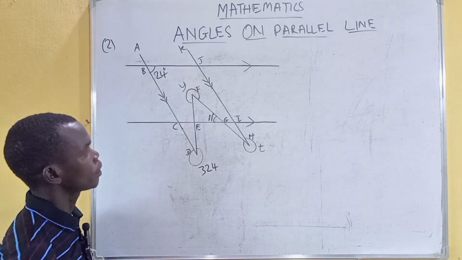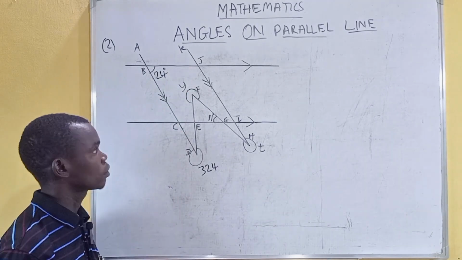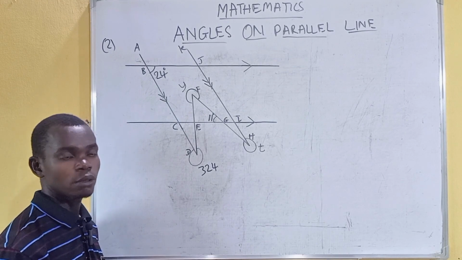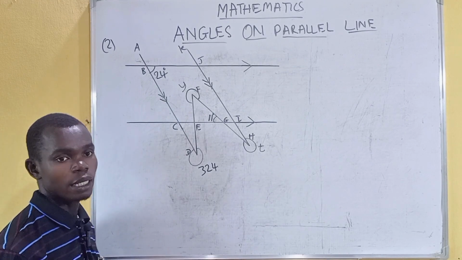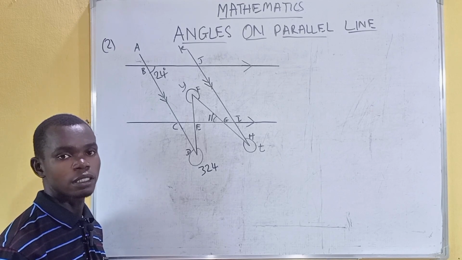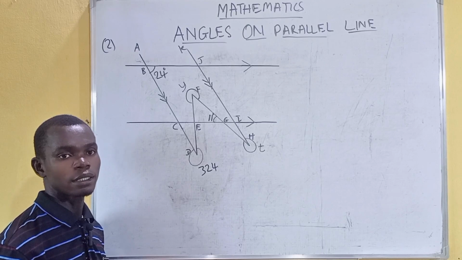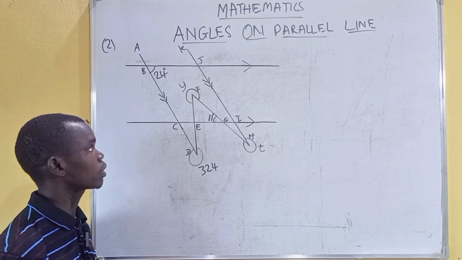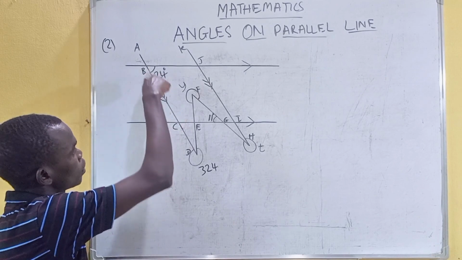pair of parallel lines. And from our previous class, we said that corresponding angles are angles that are in the same relative position on two lines that are intersected with a third line called the transversal. And this is now a transversal.